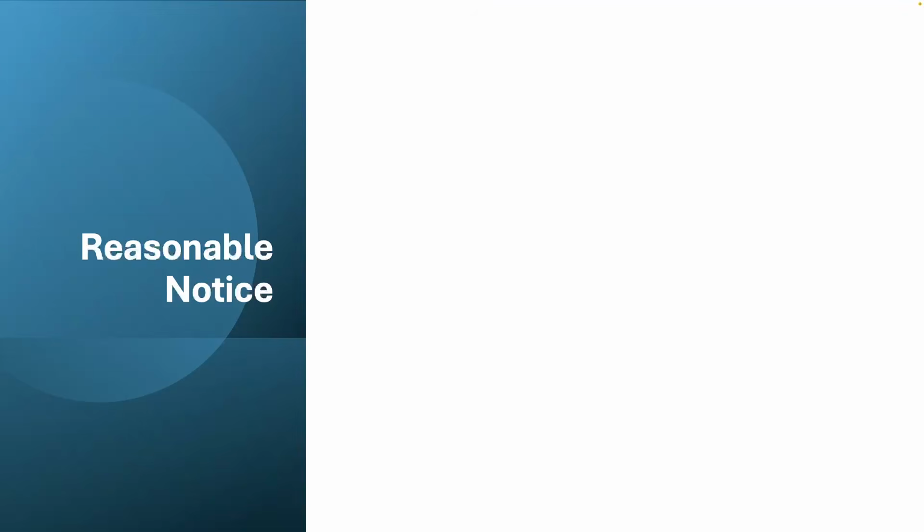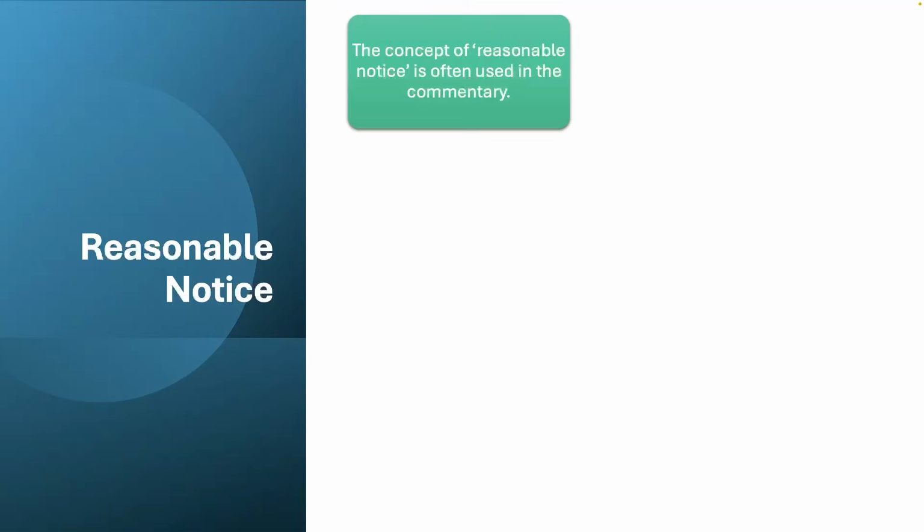Because the Model Articles do not prescribe a fixed notice period, one of the key questions is what amount of notice is required. In this context, the standard phrase used is that reasonable notice is required. How is reasonable notice interpreted? The phrase is often used in the commentaries to fill the gap left by the model articles.